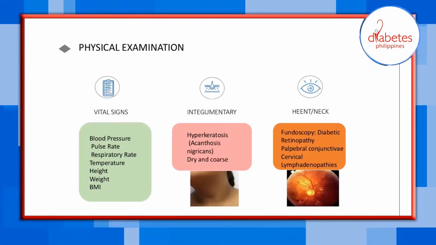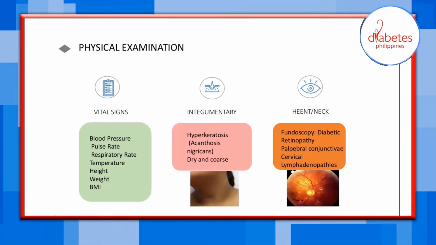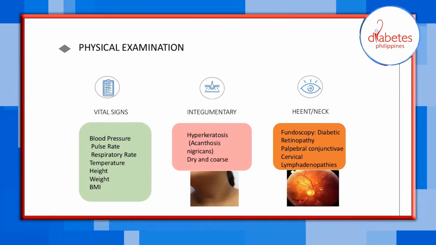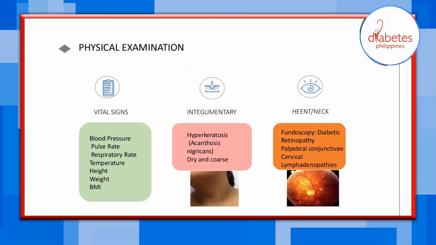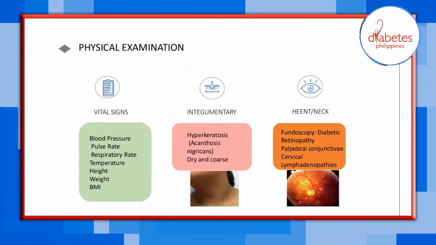After a thorough history, this will be followed by a thorough physical examination. So first, you have to take complete vital signs that include your blood pressure, pulse rate, respiratory rate, temperature, plus your height and weight to compute for your BMI.